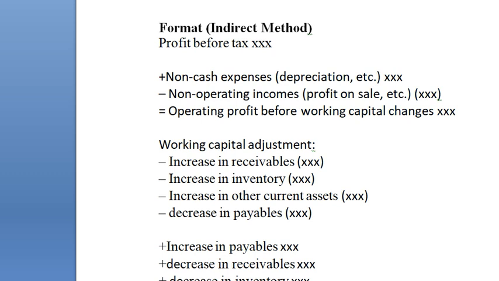Now, how do you measure the increase in receivables or all the items of current assets? How do you measure it? Very, very simple. Your opening, that is what you are starting with in the year, you subtract it from your closing. If your opening is higher than your closing, what will you have?